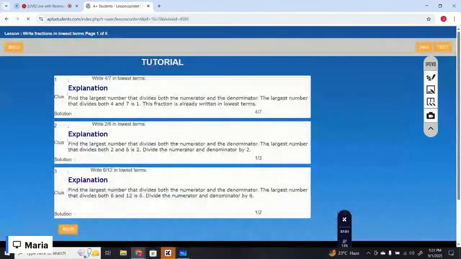Write fractions in lowest terms. Write 4 over 7 in lowest terms.